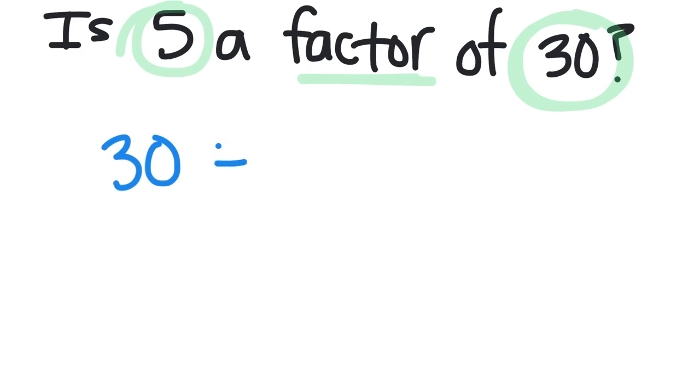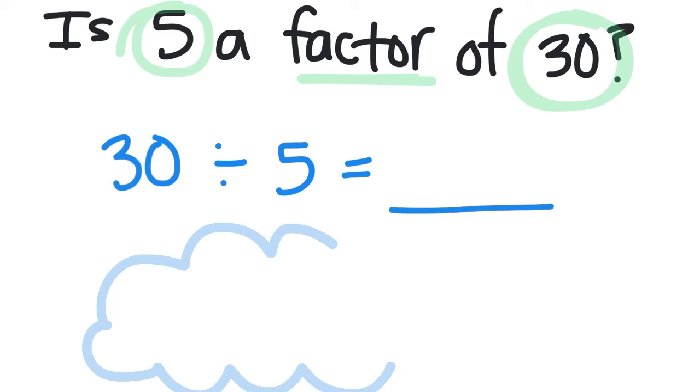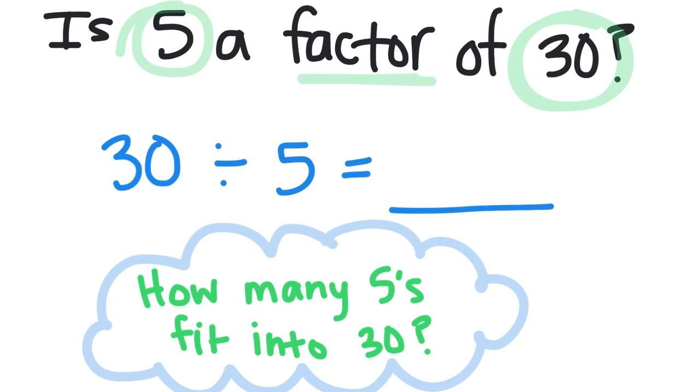So can we do 30 divided by 5 without having anything left over? When you see this equation, 30 divided by 5, what I want you to think inside your brain is, how many 5s fit into 30?